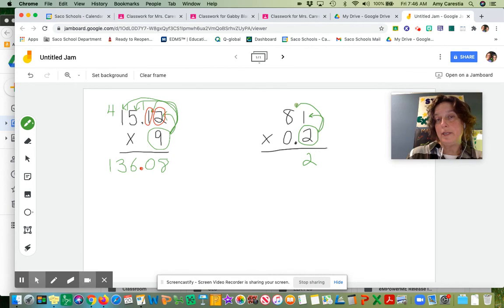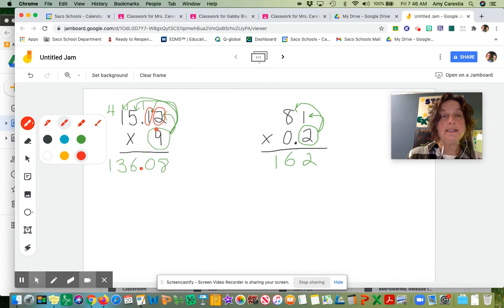There's no carrying, so 2 times 8 is 16, and I just write it. Now, I could multiply through by 0, but we know that any number times 0 is 0, so there's no need to do that. It's not going to impact our answer, our product.